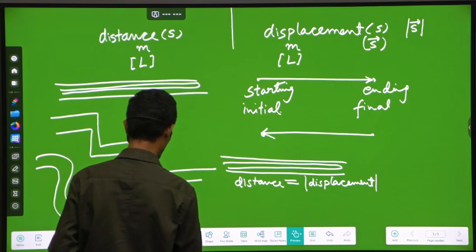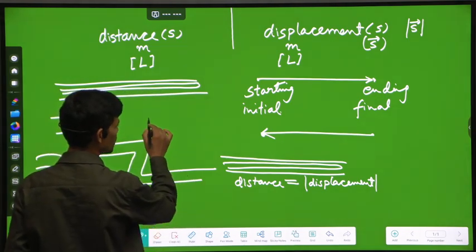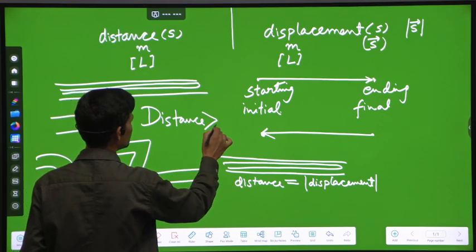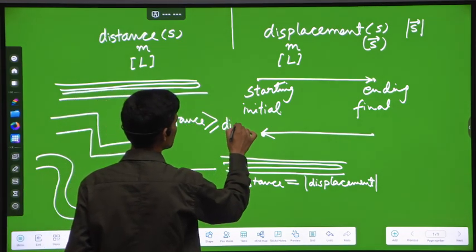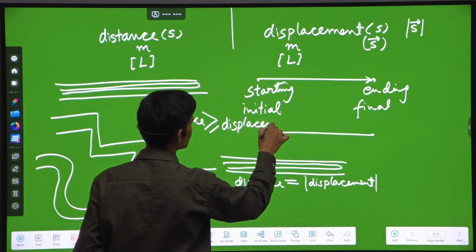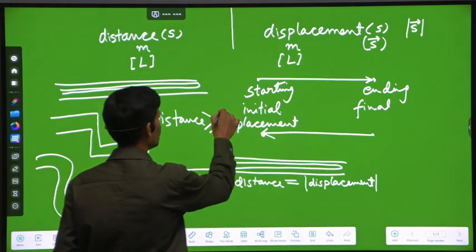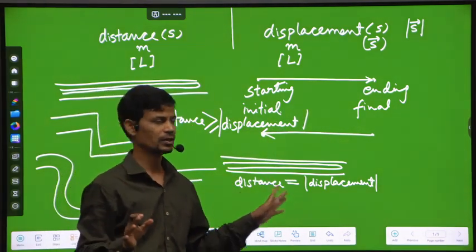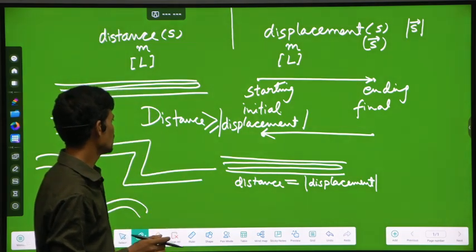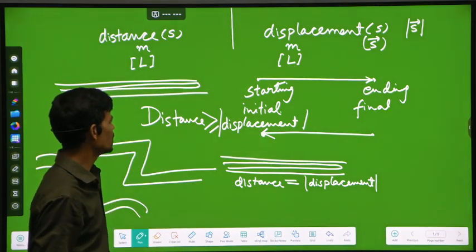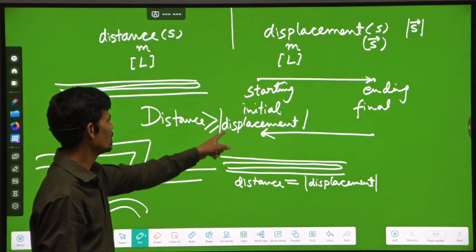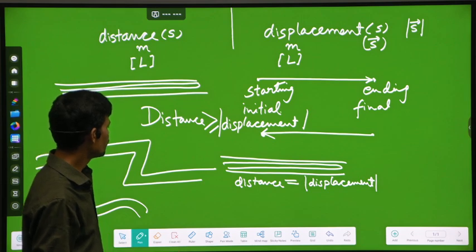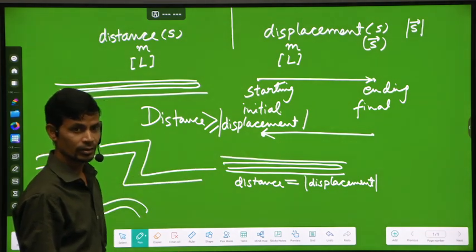One more outcome from this entire discussion is that distance is generally greater than or equal to mod of displacement. To avoid any confusion, we can say it like this. What will happen if we take it negative? Distance will still be greater, but it can't be equal in that case.